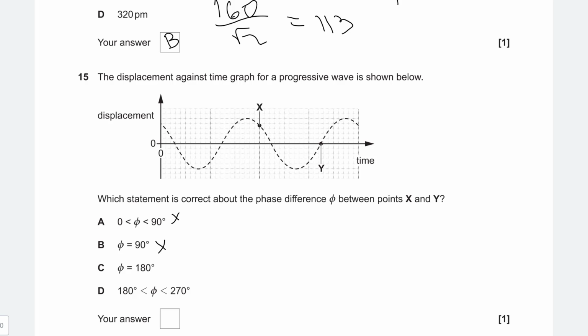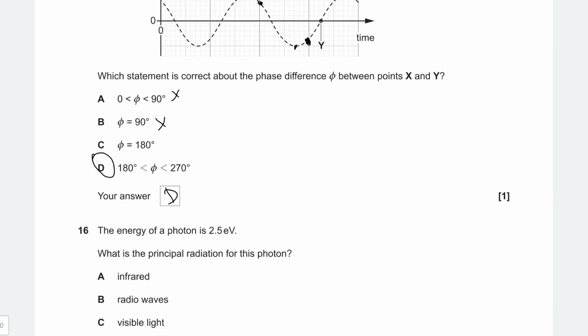So if it was 180 degrees, for instance, this point here and this point here would be at 180 degrees. It's a little bit more than that, but it's also less than 270. Correct answer is D.